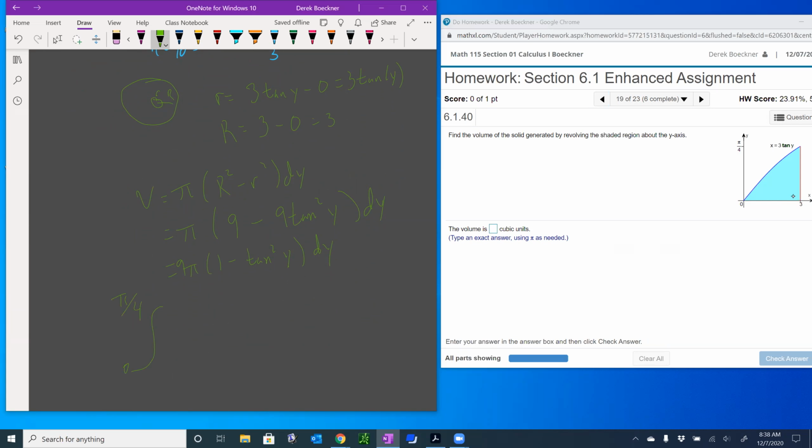I'll put the 9 pi out front. 1 minus tangent squared y dy. And then I don't know what the antiderivative of the tangent squared is, but I can convert tangent squared to secant squared. So what's the relationship between tangent squared and secant squared?